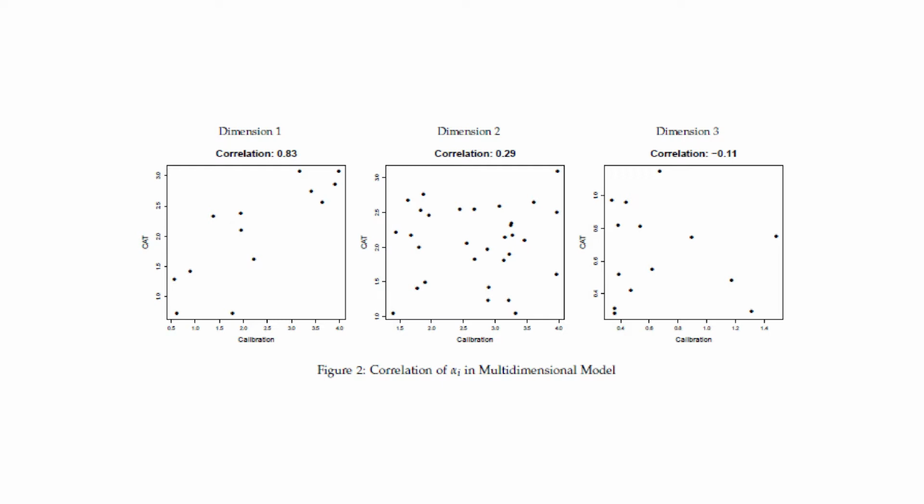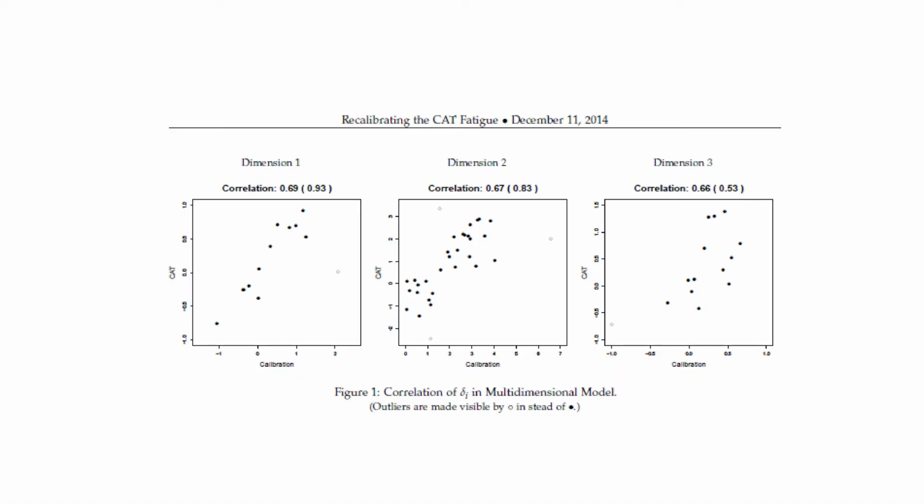What you see here is an example of real data. This is from a multidimensional model, a 3-dimensional model. Here you see the correlation of A parameters on the 3 dimensions. This is the correlation between item location parameters on the 3 dimensions.